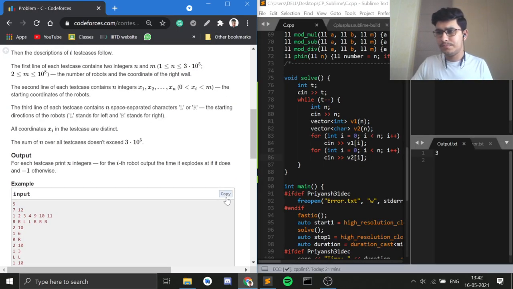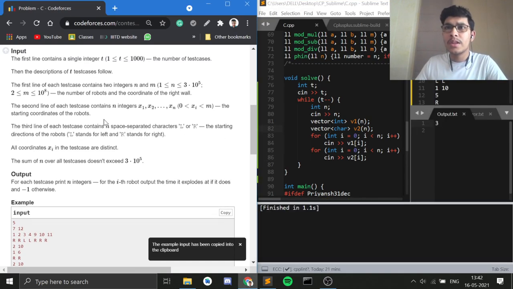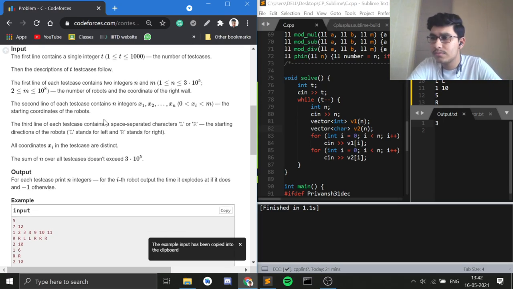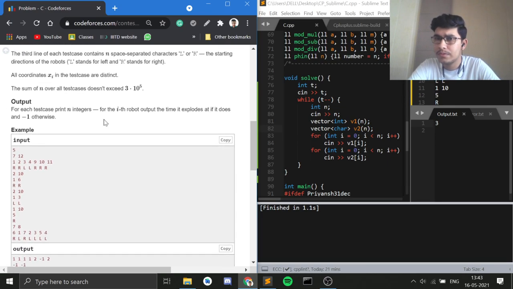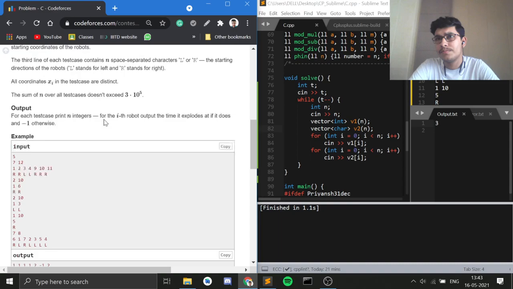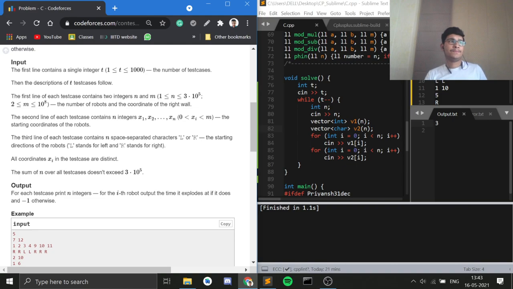And what do we need to print here? What are they asking? So the ith robot, okay, the time that it explodes. Nice.